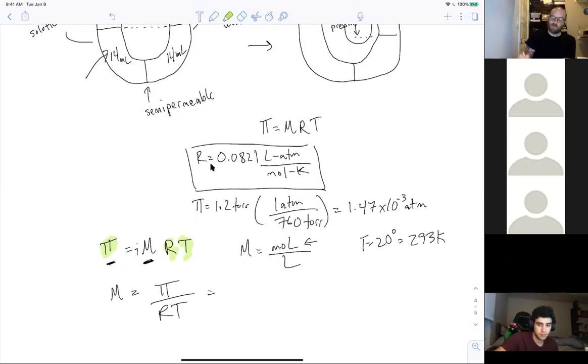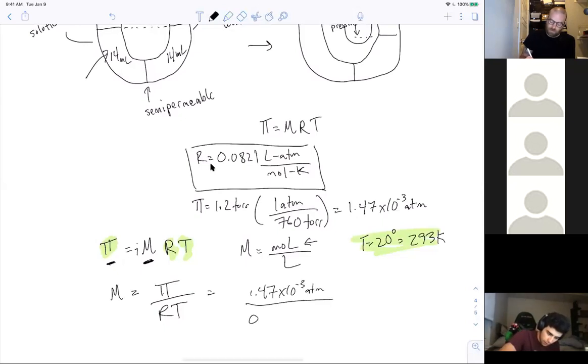Once we get all of our conversions down, now we can go ahead and plug in. Let's see. So we put in 1.47 times 10 to the minus 3 atmospheres divided by 0.0821 liter atmosphere per mole Kelvin times our temperature, which we converted.